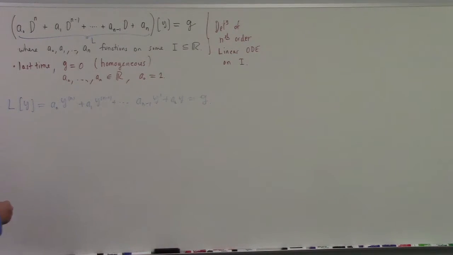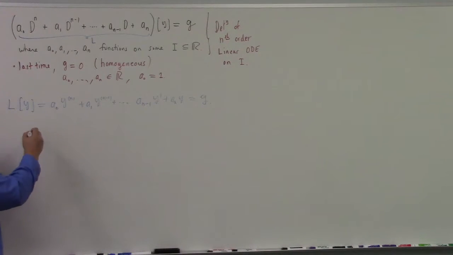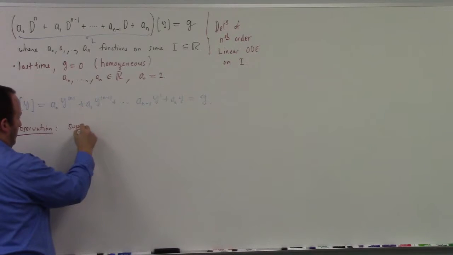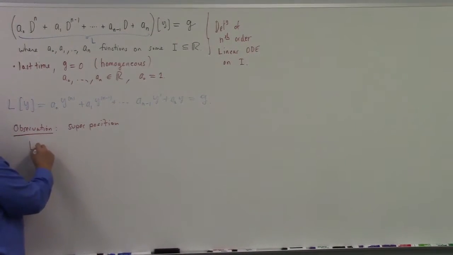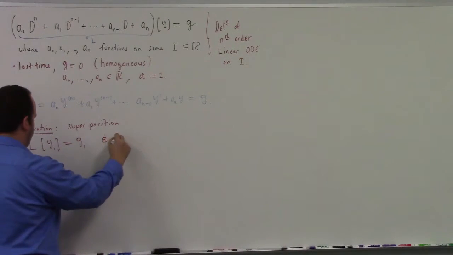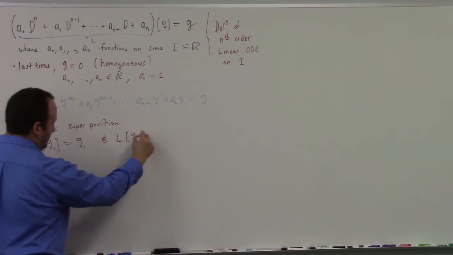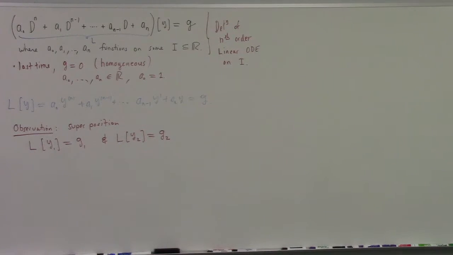So, a little property here that you can see from just basic calculus, a little observation. This is what's called superposition. If we have L of y1 equals g1, and if we have L of y2 equals g2, let me give you a physical interpretation for what's going on here. g is called the forcing term.